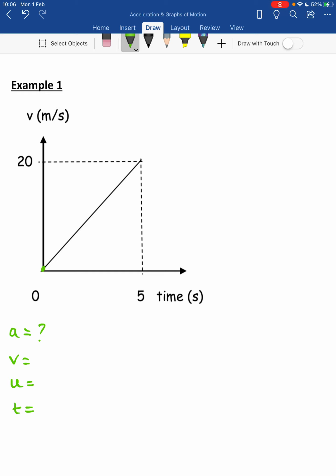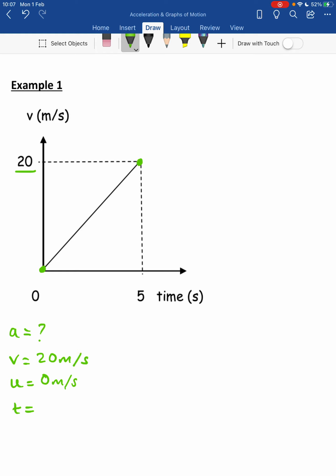Then I mark where the diagonal line starts and where it finishes. I can see that it starts at 0, so my initial speed u is 0 meters per second. It finishes on the top right across from 20, so my final speed is 20 meters per second.